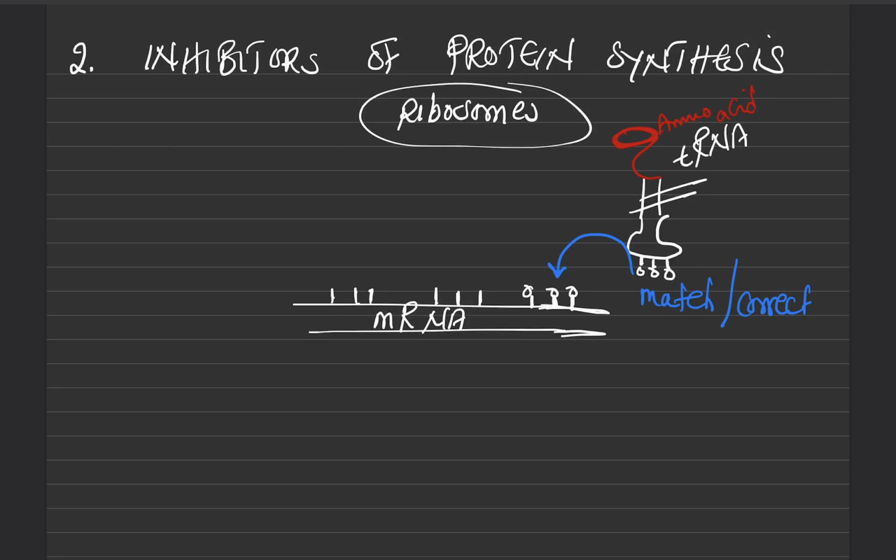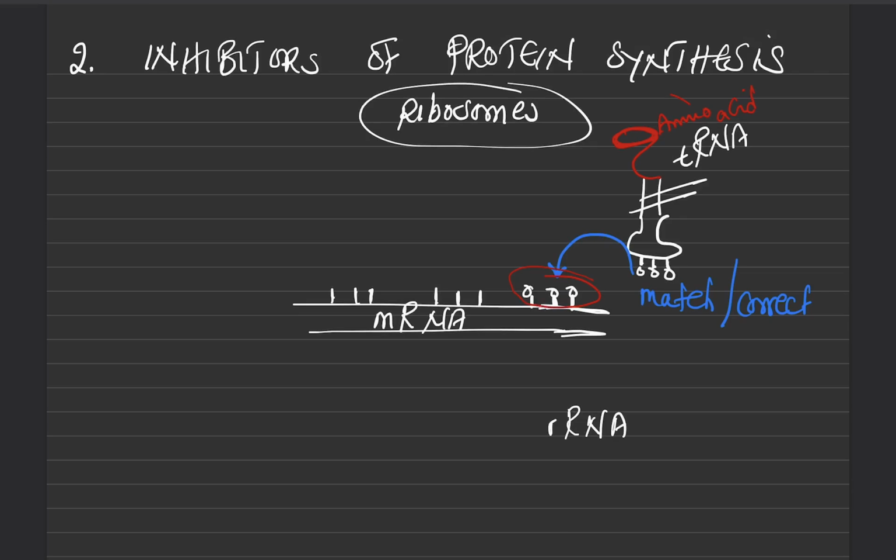So this code here codes for a particular amino acid that is carried by transfer RNA. But this whole process is checked and facilitated by ribosomal RNA. Remember we talked about messenger, transfer, now ribosomal RNA.